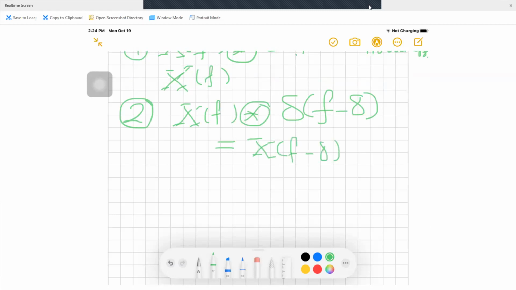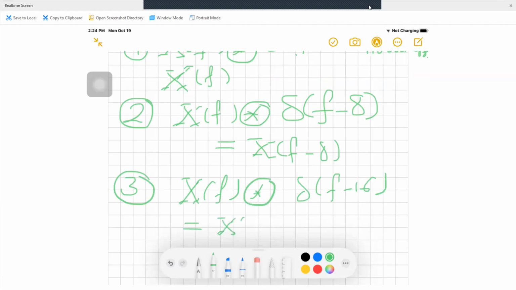The third is X(f) convolved with delta of f minus 16, and the result is X of f minus 16.